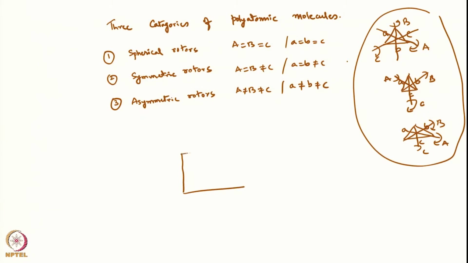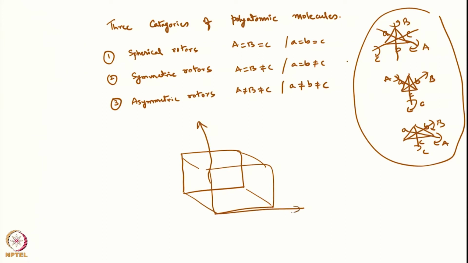So, if you just think of a cube, then one axis is this axis, second axis is this axis and third axis is this axis, and the lengths are, let us call it A, and I will call this the A axis, this is B, the B axis, and this is C, length is C, and this is the C axis.